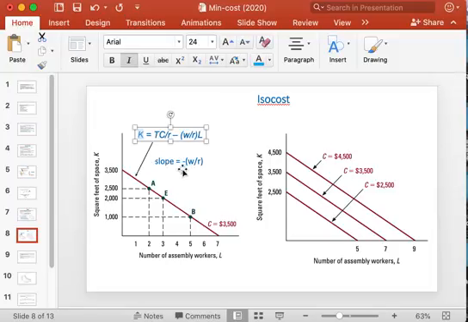The slope of this equation is given by minus W divided by R.